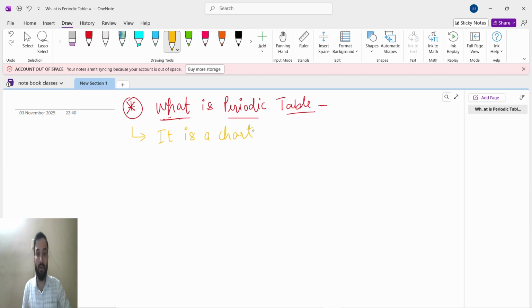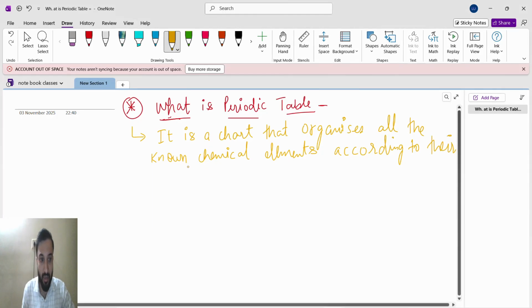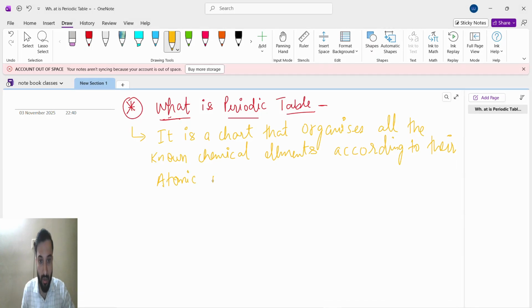The periodic table is a chart that organizes all the known chemical elements according to their atomic number.